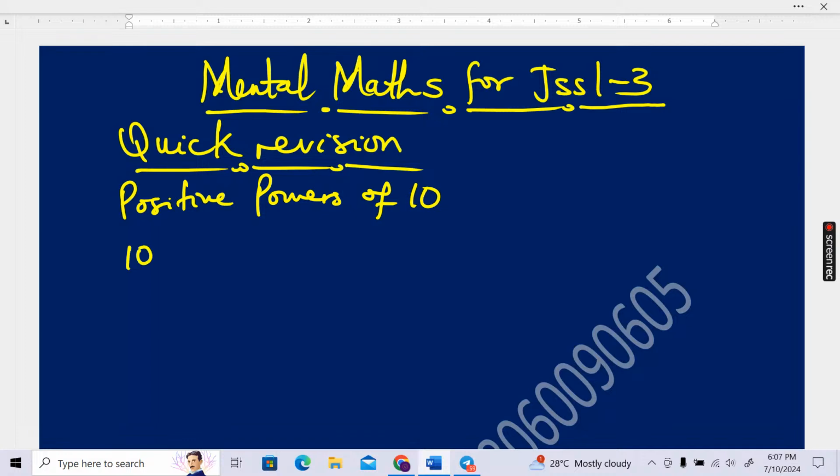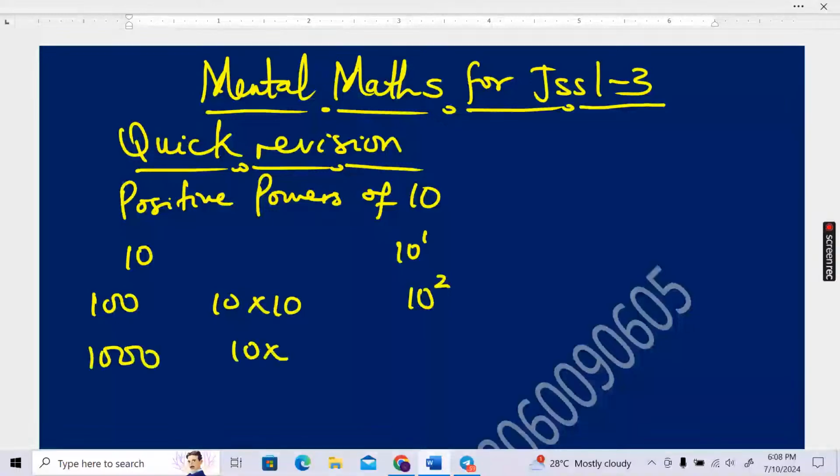Like I said, 10 is 10 raised to power 1. 100 means 10 times 10, and that is 10 raised to power 2. 1000 means 10 times 10 times 10, and that is 10 raised to power 3. So you can see that the powers of 10 are positive.